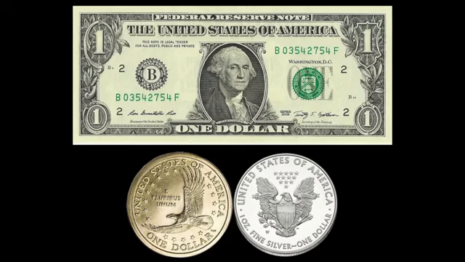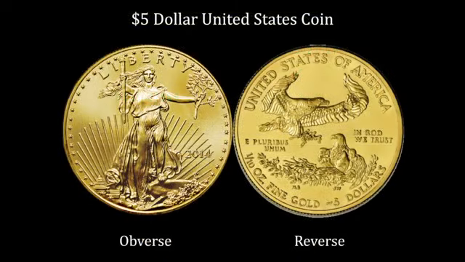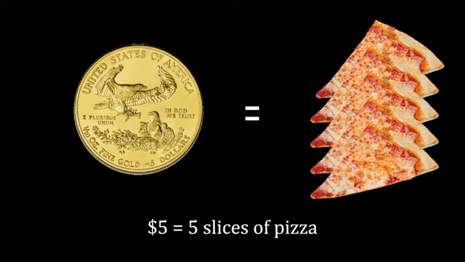Let's consider another American coin. This is a United States $5 coin. How much pizza could this coin buy? Logically, we would assume that since $1 bought one slice, $5 should buy 5 slices. But that would not be the smart thing to do. This $5 coin is made out of 1/10 ounce of fine gold.